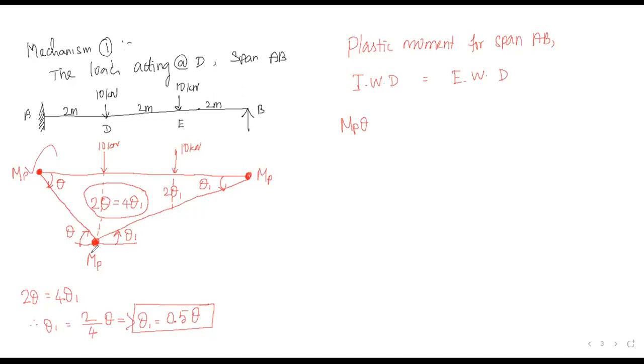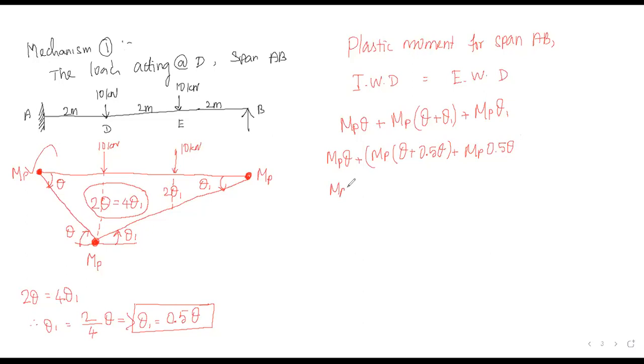Second one, MP into theta plus theta 1, plus MP into theta plus theta 1, plus at support B, MP theta 1. So theta 1 is equal to 0.5 times theta that we are going to fill up right now, plus MP into theta plus 0.5 theta, plus MP into 0.5 theta.